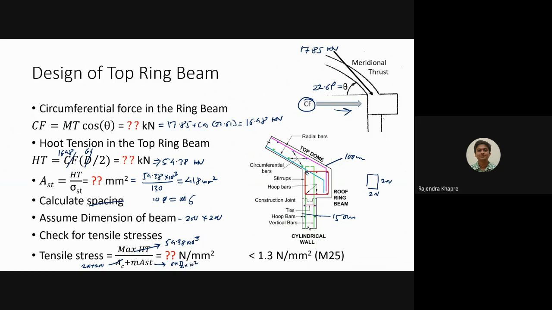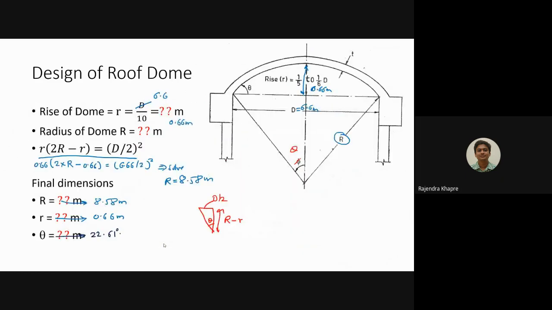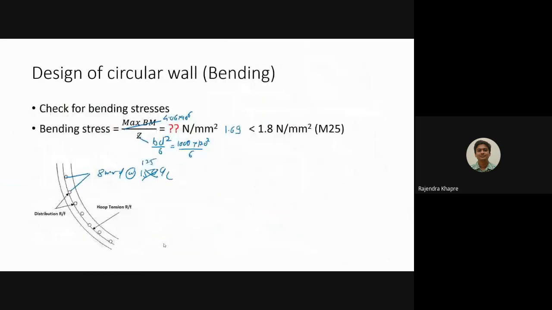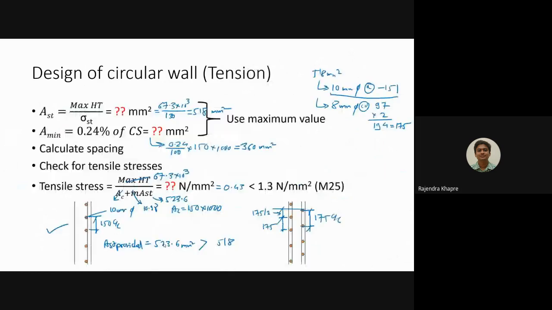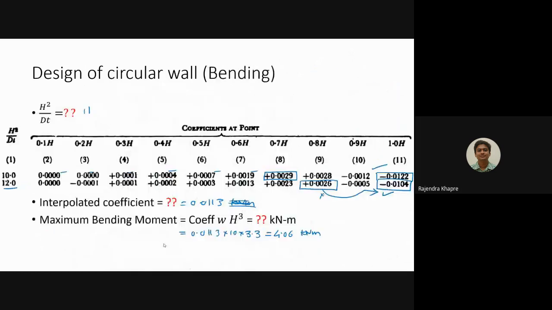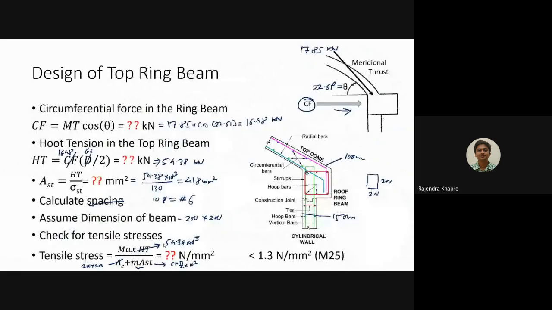M value, I think we have calculated previously. What was the M value? I don't recall. Let me check. M is 10.98. Yeah, 10.98. So now can someone tell me how much will be the tensile stress?